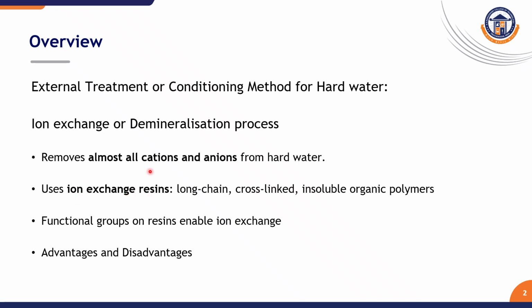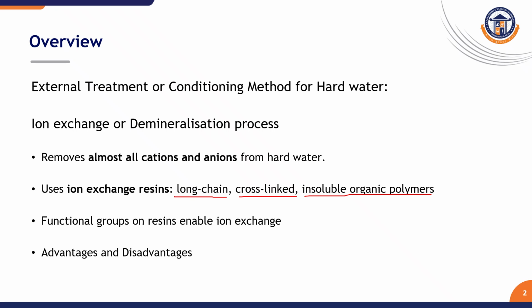How were the ion exchange resins prepared and what are the properties of the ion exchange resin? It is long chain and cross-linked. It is a long chain compound, mostly polymers will be used. Then cross-linked compounds in inorganic polymers.